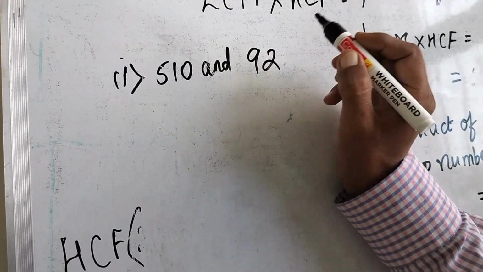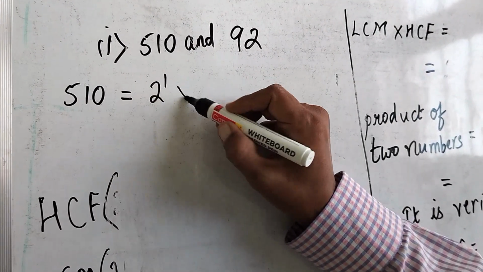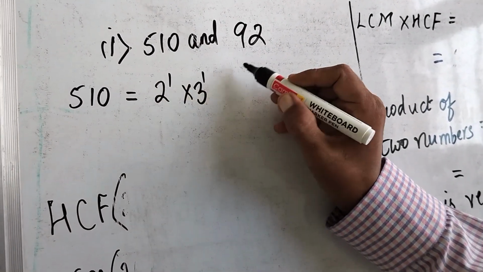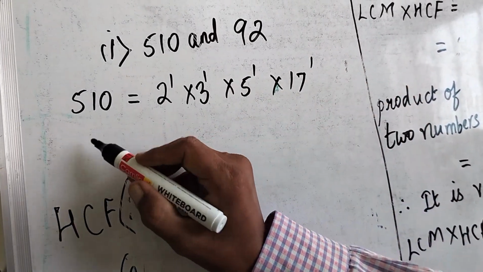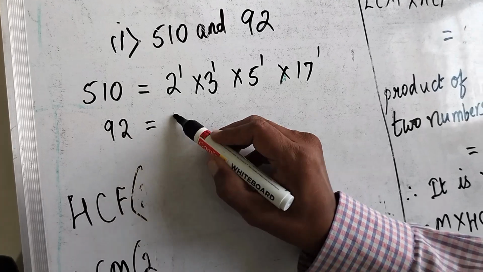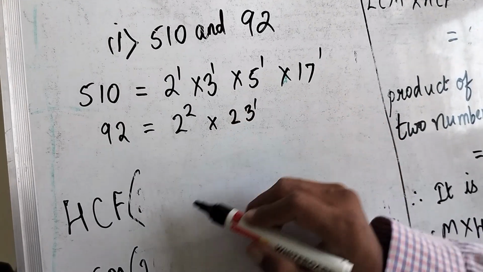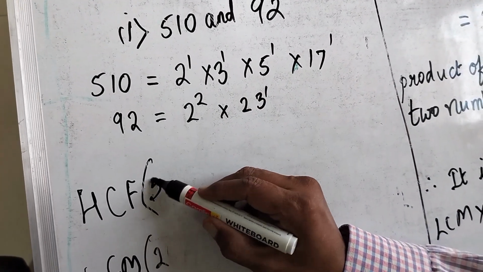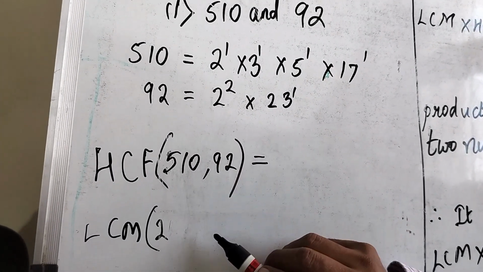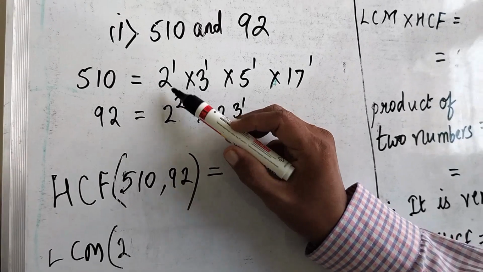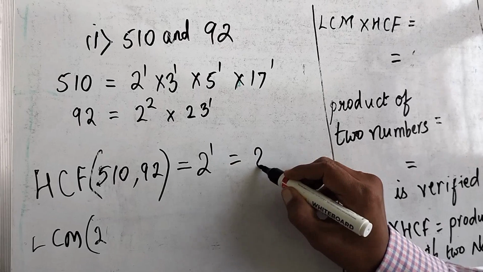So the factors of 510 are 2 raised to 1, 3 raised to 1, 5 raised to 1, and 17 raised to 1. And for 92 it is 2 raised to 2 into 23 raised to 1. Now the HCF of 510 and 92, what is it? The smallest power of the common factor. What is the common factor? 2 is the common factor, and the smallest power is 1. So the answer is 2 raised to 1, which is 2.